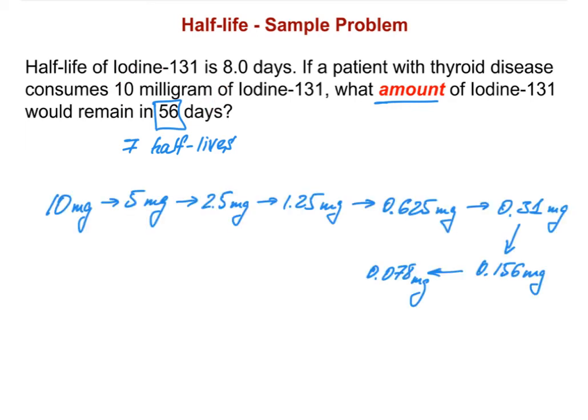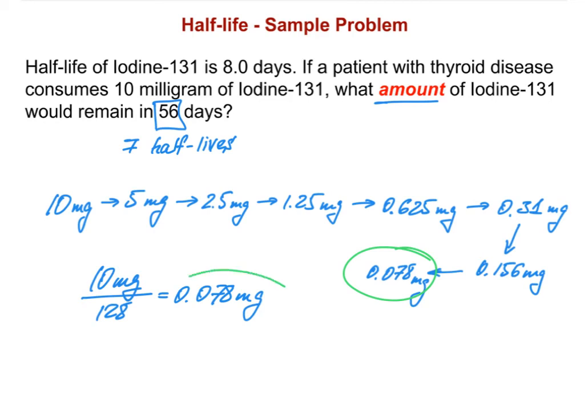So 10, 5, 2.5, and so on until we hit 0.078 milligrams. Since we know the fraction, we can calculate it faster by saying 10 milligrams over 128 gives us the same number, the final amount of iodine-131 left in the body after 56 days, after 7 half-lives.